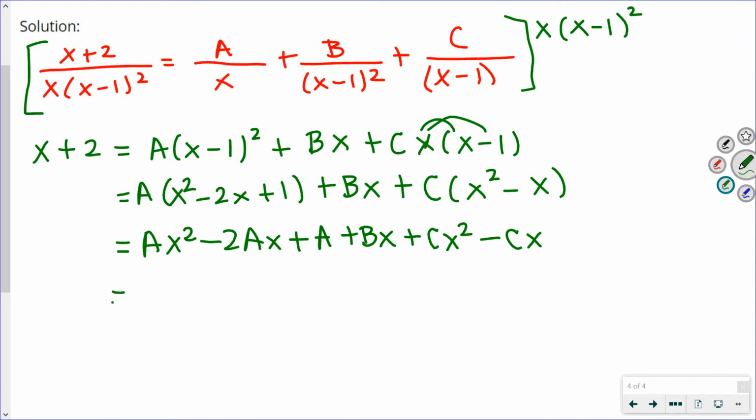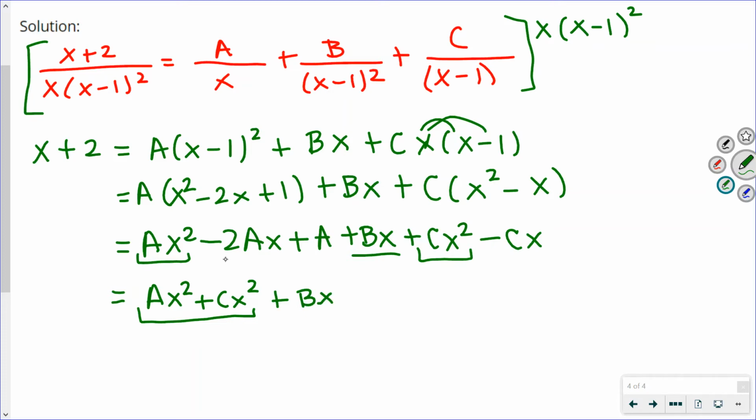I'm going to group these the way we grouped before. Let's start with our x² terms in order. So we have Ax² and plus Cx². There's my first group. My next group are going to be my x terms. I'm going to start with the B because it's positive. So I have plus Bx, minus 2Ax, and minus Cx.